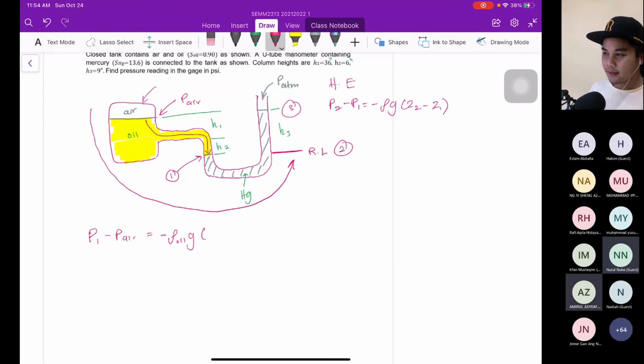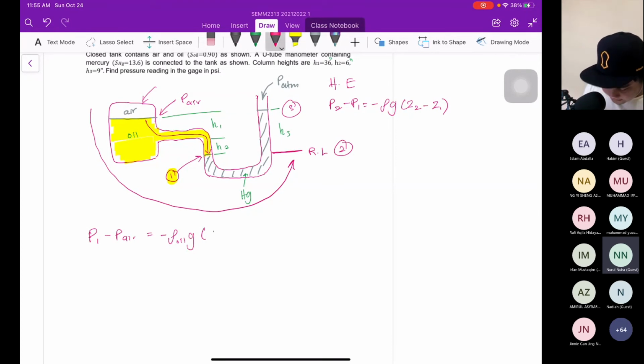Are you there? H3. This value refers to this point. What's the value of Z1? Is it the same level as the reference line? When it is the same level as the reference line, Z1 equals 0.